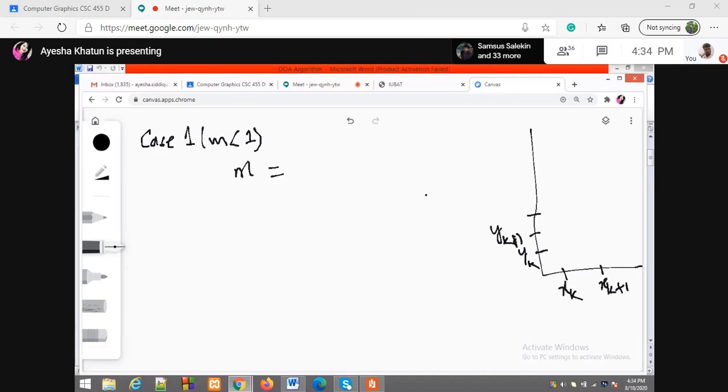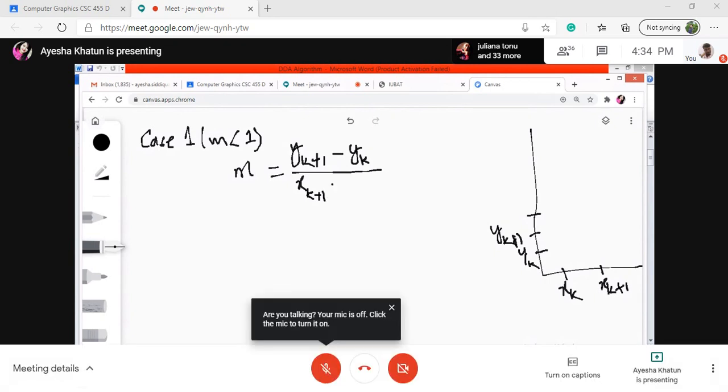So now here, instead of writing y2 minus y1, I can also write yk plus 1 minus yk, then xk plus 1 minus xk.